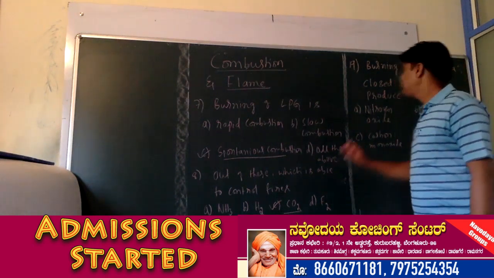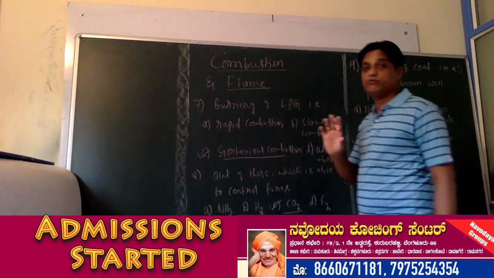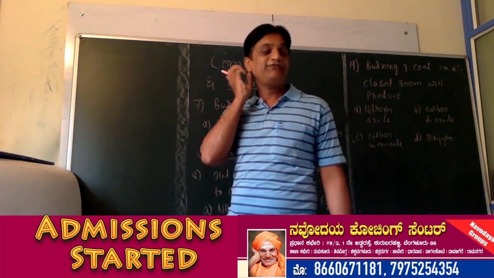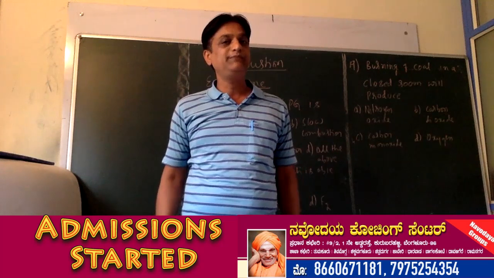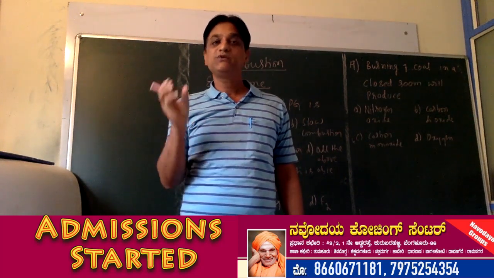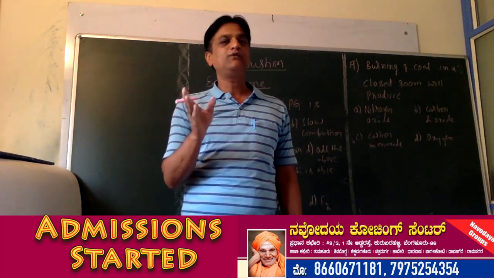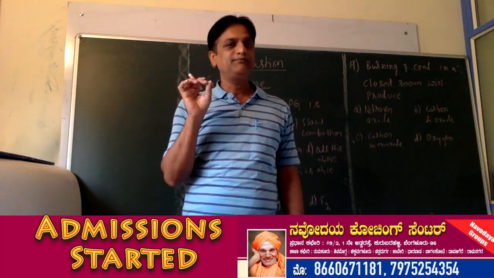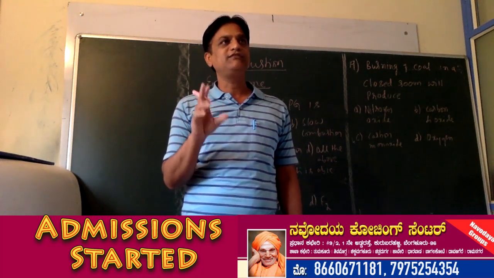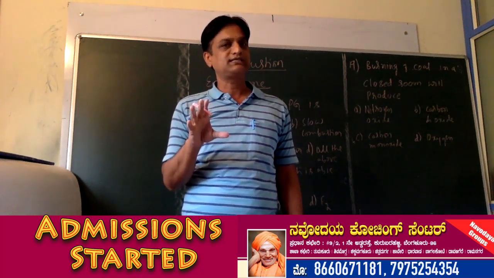So burning of coal in a closed room, very important. If there is no proper ventilation, then the availability of oxygen will be less. So when the availability of oxygen is less, what type of combustion takes place? Incomplete combustion. And the product of incomplete combustion is always carbon monoxide.